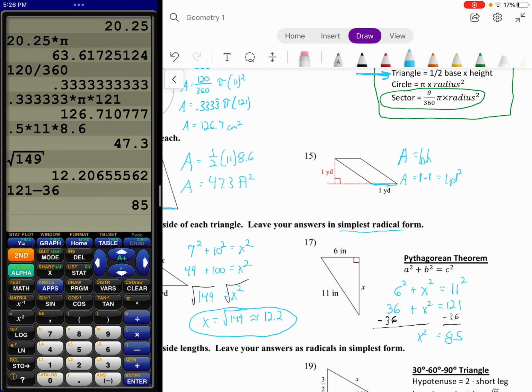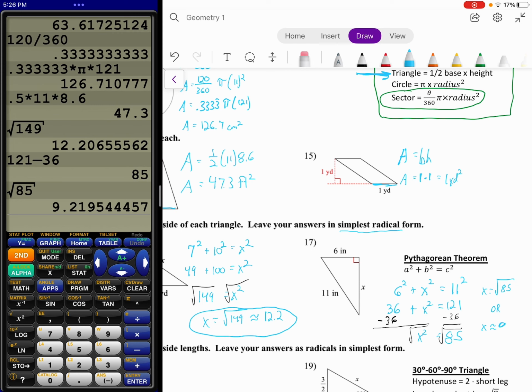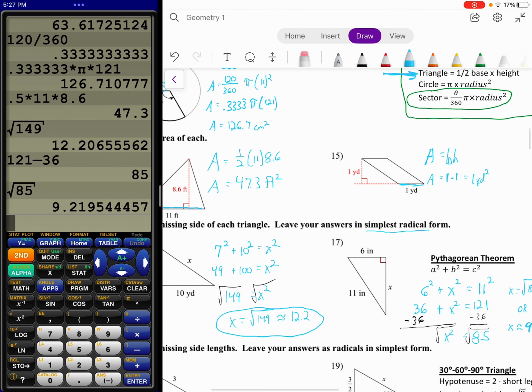We take the square root of both sides. And once again, this one, you can't simplify the square root of 85. 85 is 5 times 17, and neither of those are perfect squares. You could also type that in your calculator to get a decimal approximation. 9.2. These are in inches. And the last one, I didn't put the units. These are yards.